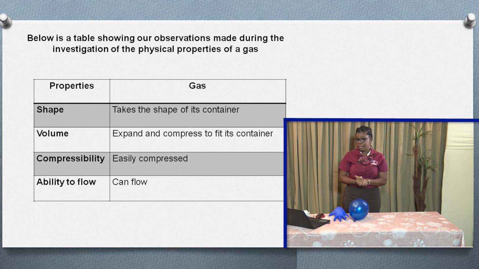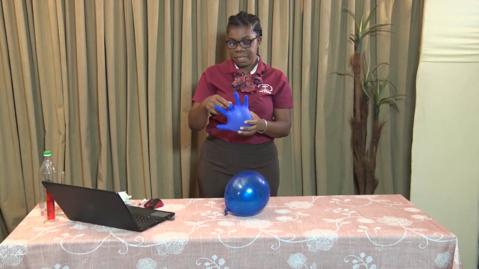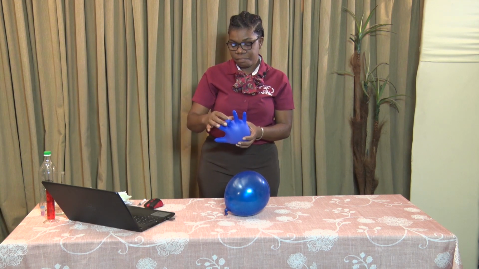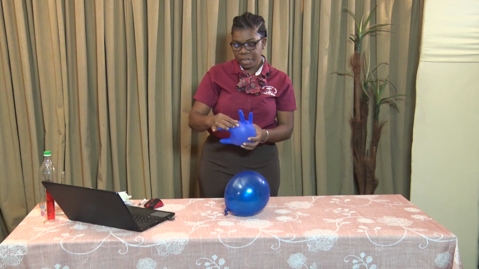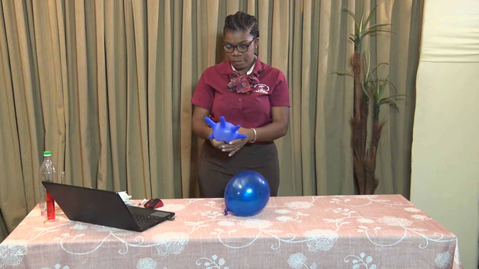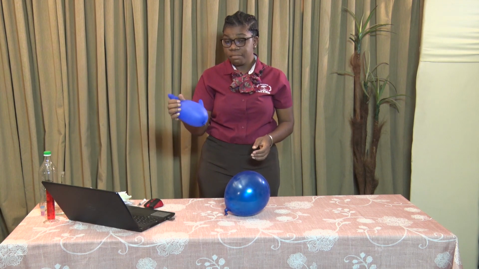And like liquids as well, I must add, gases can flow, because if I press in one of these fingers here, the air in this finger will actually flow into the rest of the glove. Right? So air can flow. If I squeeze it, you'll see it will flow from one part to the next. Good?